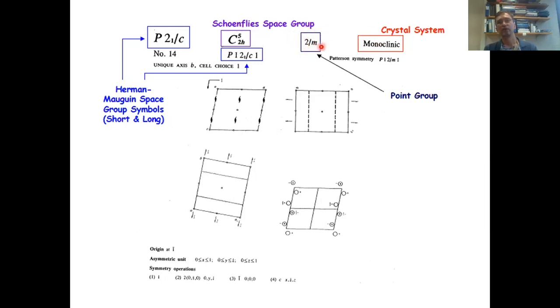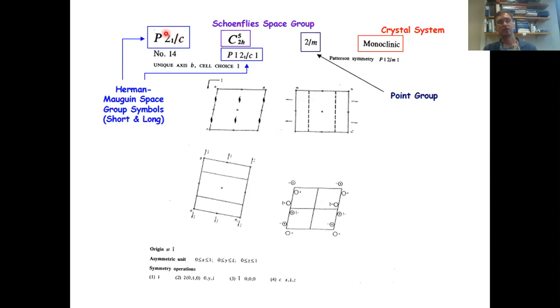This one here is the point group associated with the space group, and it's 2 over m. So how can we understand this? Well, the point group derives from the space group when we take away all the symmetry elements that contain a translation. Now the 2-1 contains translation, and the C glide plane contains translation.